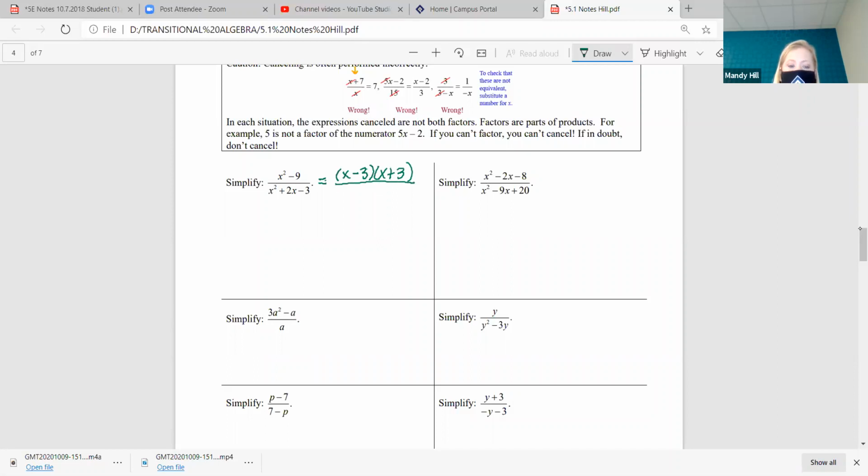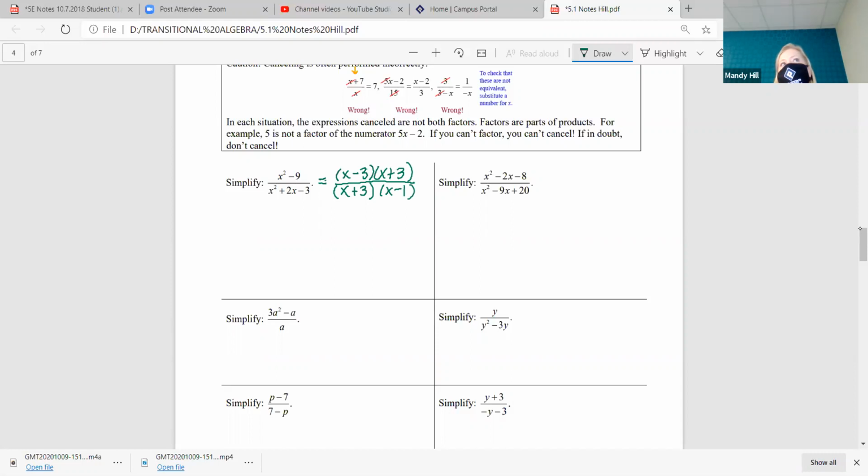Okay, x squared plus 2x minus 3. I'm looking for something that multiplies to negative 3 but adds to 2. So that's going to be x plus 3 and x minus 1.